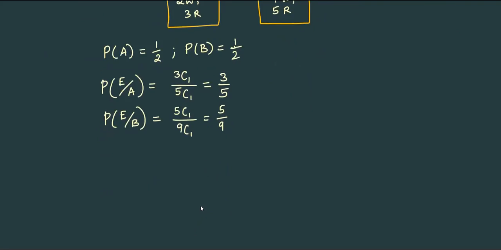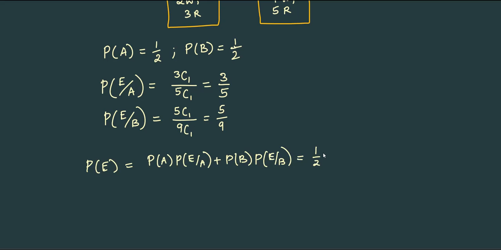So now we'll find the probability of E. Probability of E is probability of A into probability of E given A, plus probability of B into probability of E given B. This is half into 3/5 plus half into 5/9.